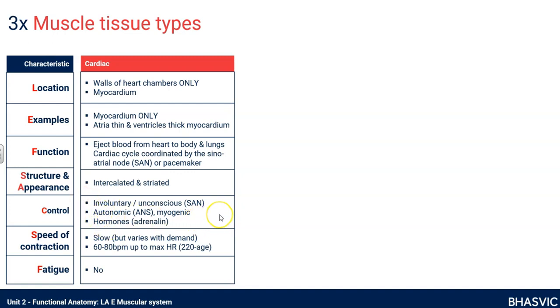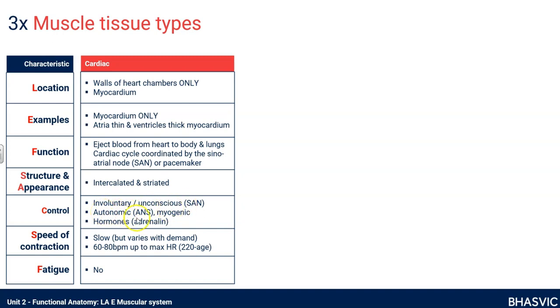Now, we don't typically voluntarily control our heart rate, how these fibers contract. Our heart rate, and ejecting blood around our body every moment, is controlled automatically for us by our autonomic nervous system. So it's an involuntary, unconscious control. We don't tell our heart to contract now and now and now, it just does it. So we would describe it as being controlled involuntarily or unconsciously.